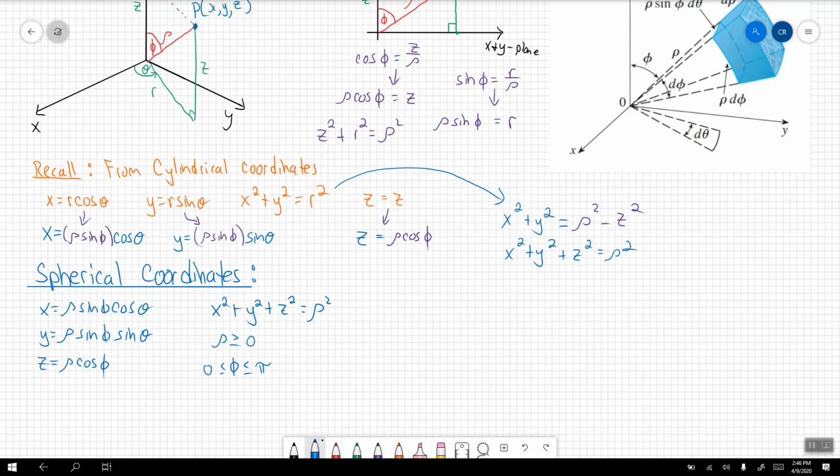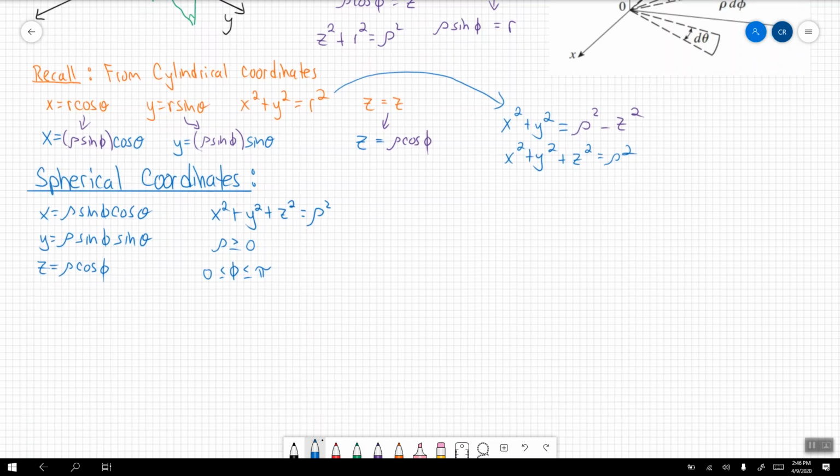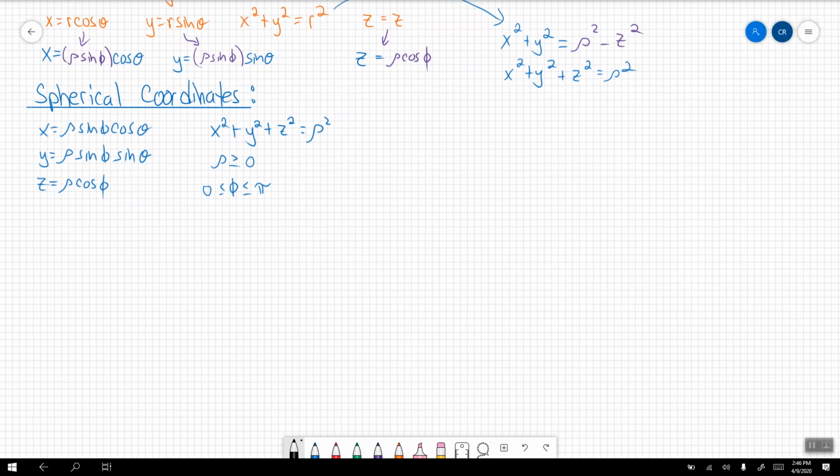We now have a way to work with cylindrical coordinates, which we learned from last time, and a way to now work with spherical coordinates, which we're doing now. For the purposes of this class, we must be able to move through all three coordinate systems in order to work with integration.